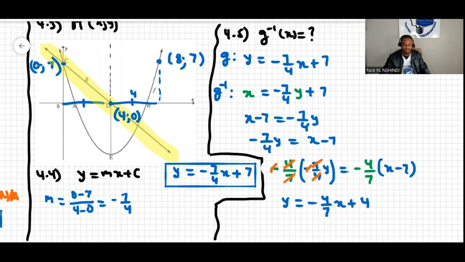Then g minus 1 is just y equal to negative 4 over 7 x plus 4.